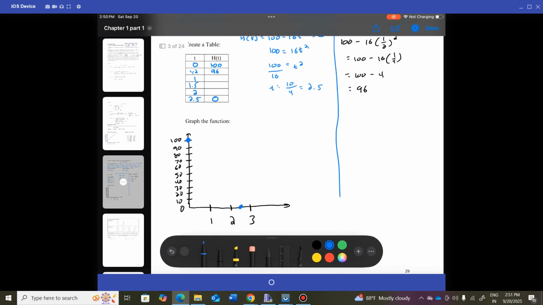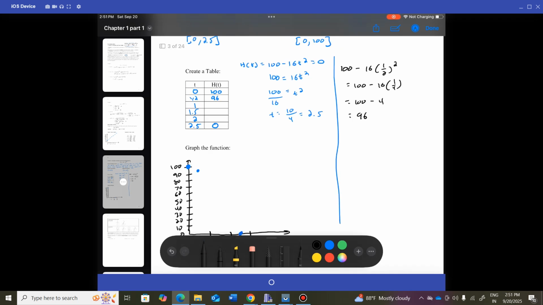So after a half, it goes down to 96. Then we do 100 minus 16 times 1 squared, which is 100 minus 16, which is 84. So at 1, it's down to 84.